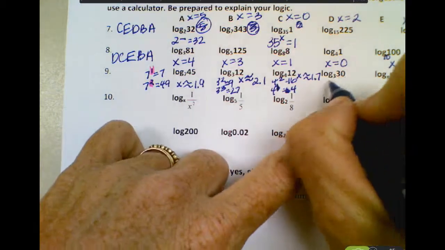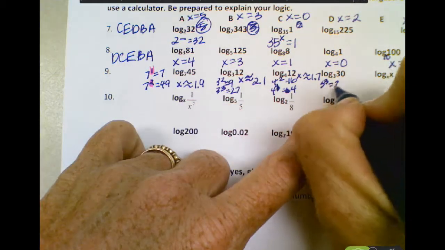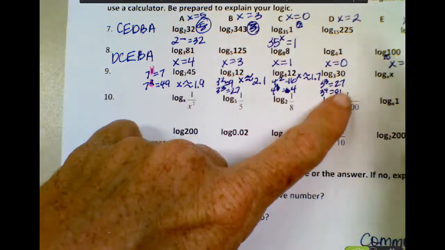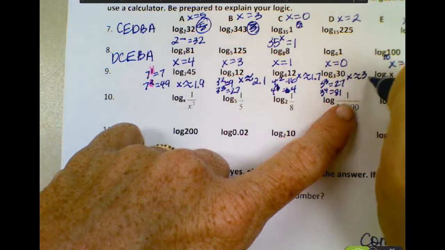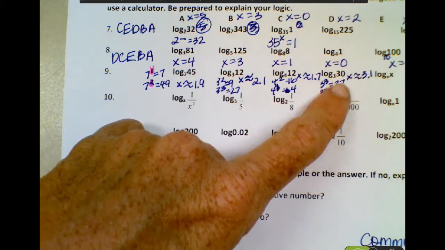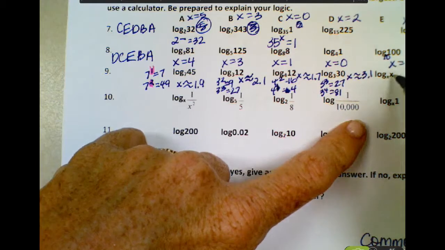Okay, 3 to what power gives you 30? Well, I know that 3 to the third is 27. 3 to the fourth is 81. So it's much closer to 27 than 81. So it's probably close to 3.1. 3.1, 3.2, somewhere in there. Probably 3.1. Okay. This is asking x to what power gives me x.